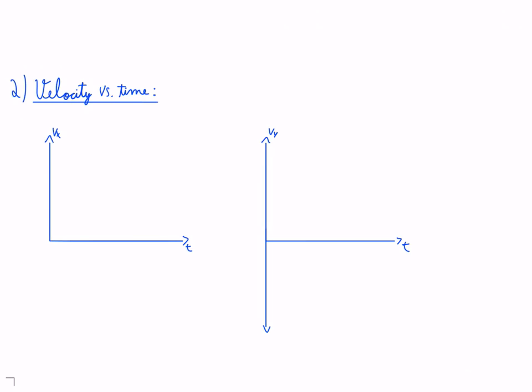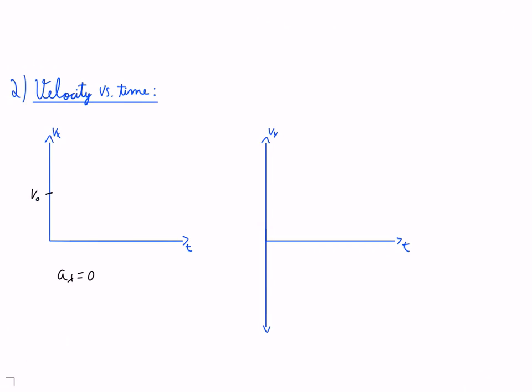The velocity versus time graph for the x component will also be very simple, because we know that acceleration in the x direction is equal to 0, so the velocity versus time graph will be constant. So let's say initial velocity is somewhere around here.